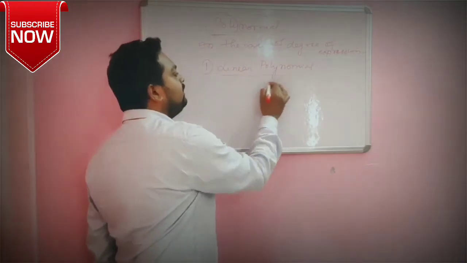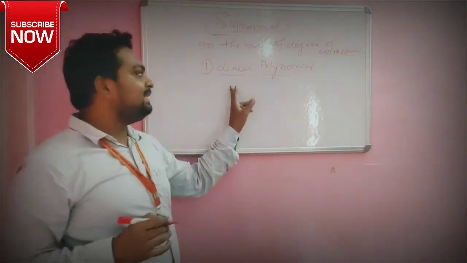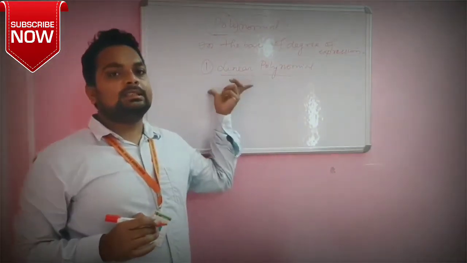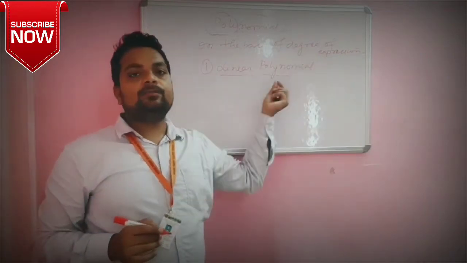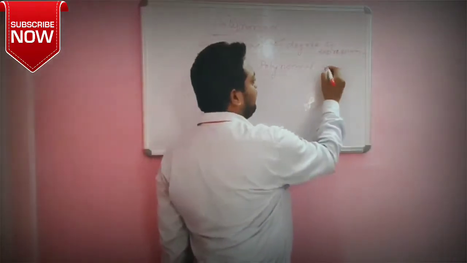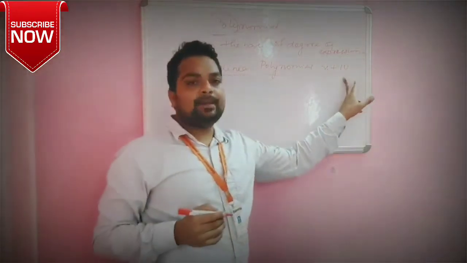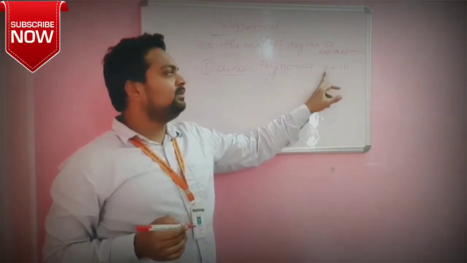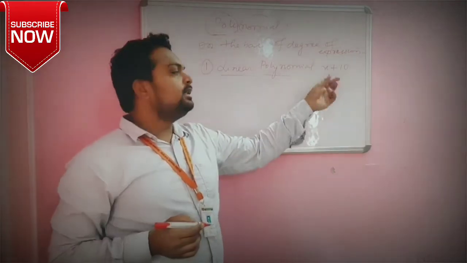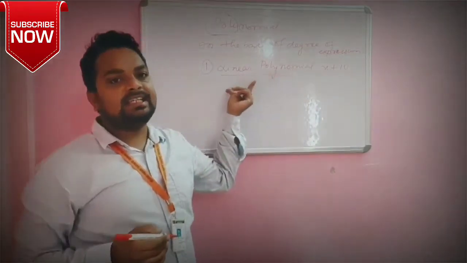Linear polynomials are those polynomials that have a degree of 1. Like if we have x plus 10, here we have x as a variable and the degree of this variable is 1. Therefore, this is a linear polynomial.